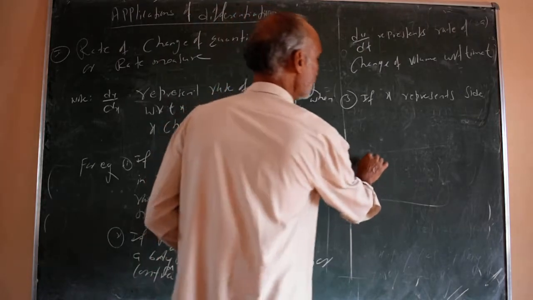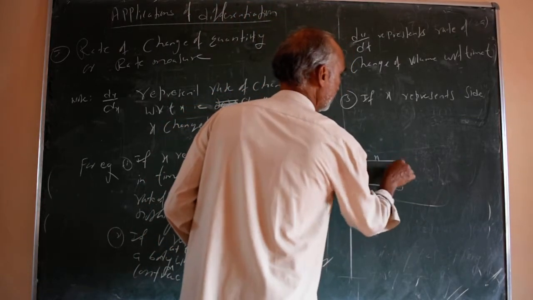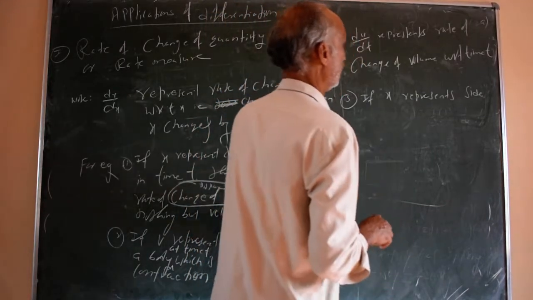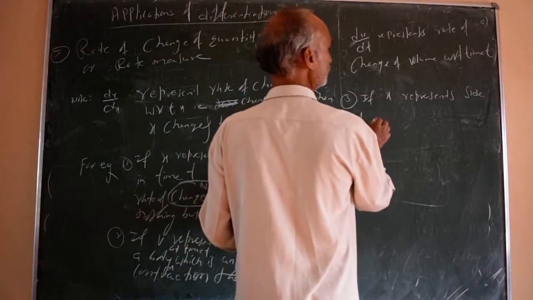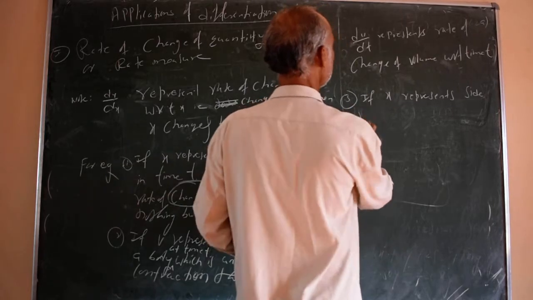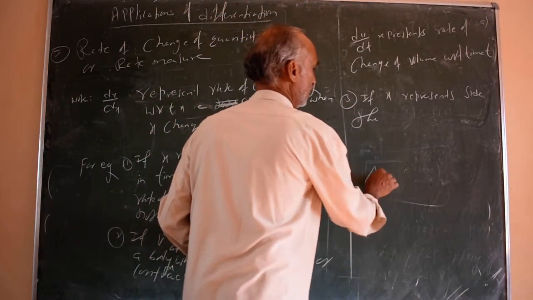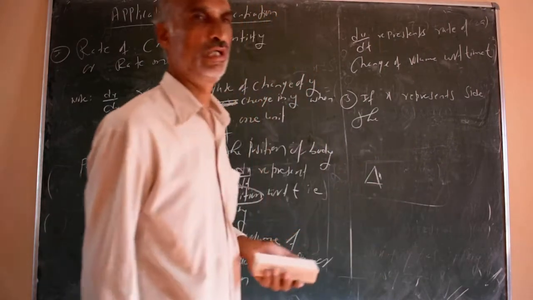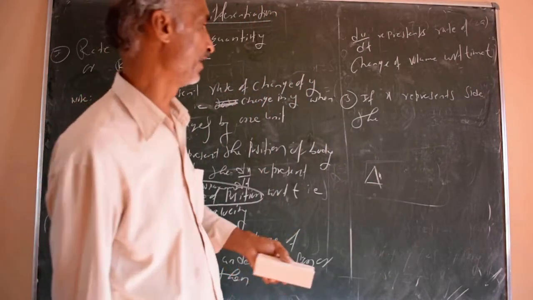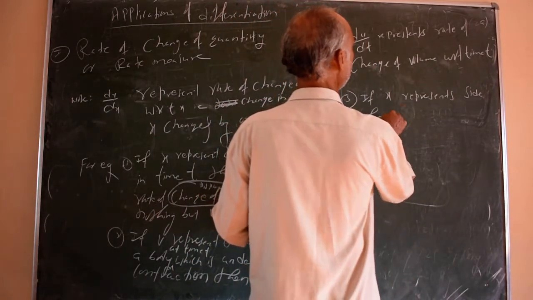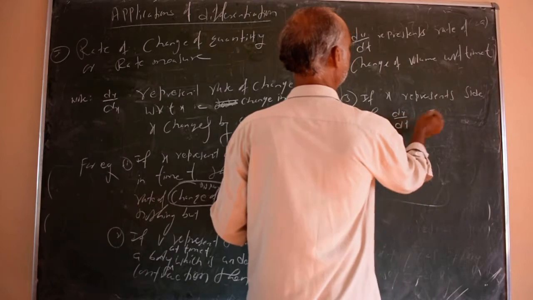This length is called the side, the edge. Even the side of a triangle is also a side. X is the length of the side. Represent the side, then dx by dt.